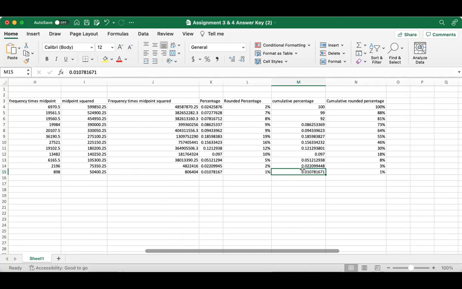I'm not getting any of it. Oh, on these? Yeah, those are the formulas.